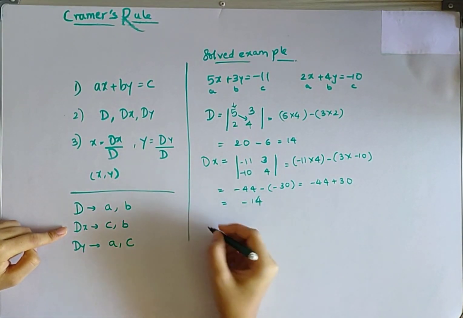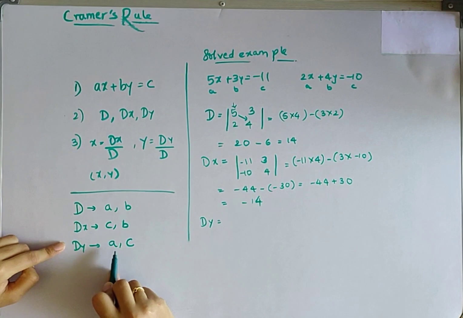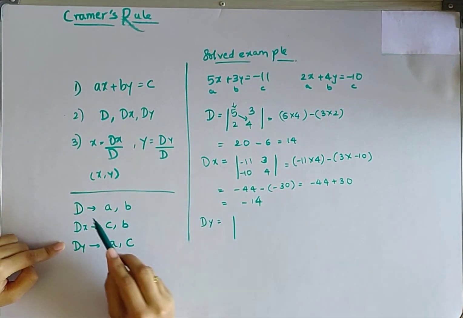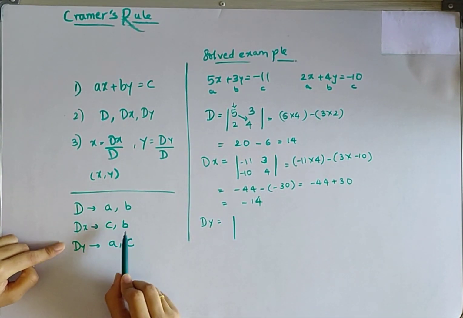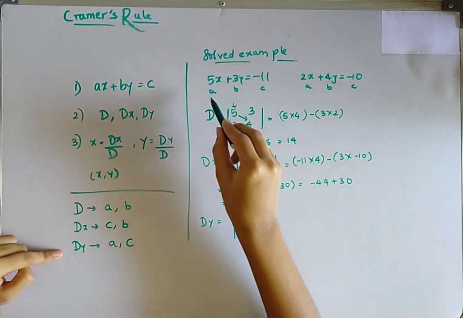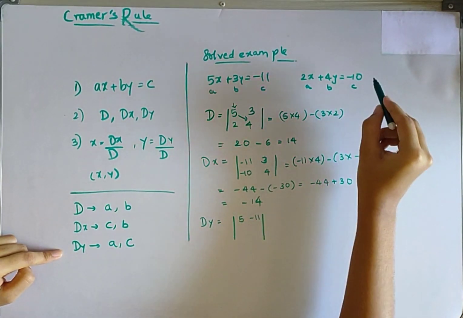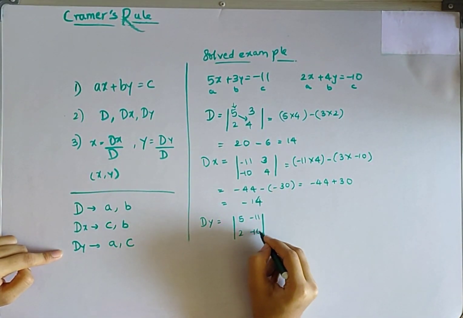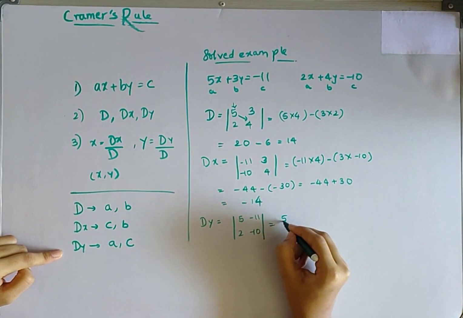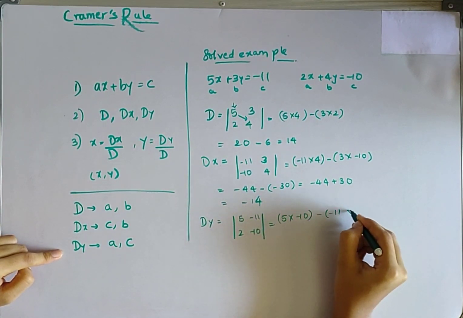Fine. Now let's find dy. dy is in the form of a and c. First it is ab, then cb, and then ac. So what will it be? ac: 5 minus 11, then 2 minus 10. Let's solve this. 5 into minus 10 minus minus 11 into 2.